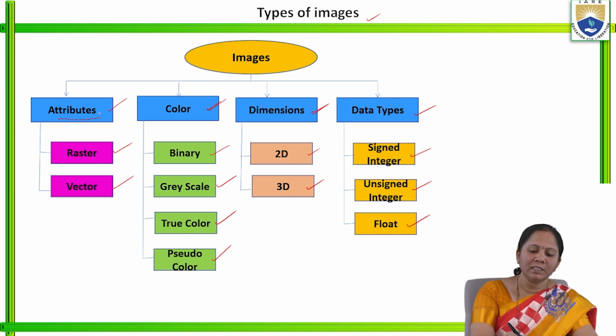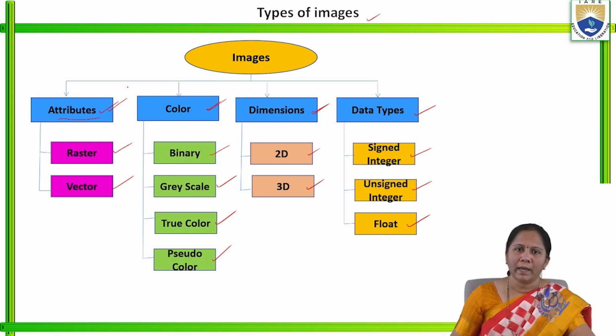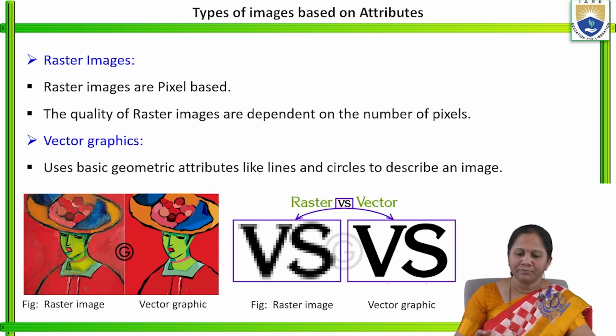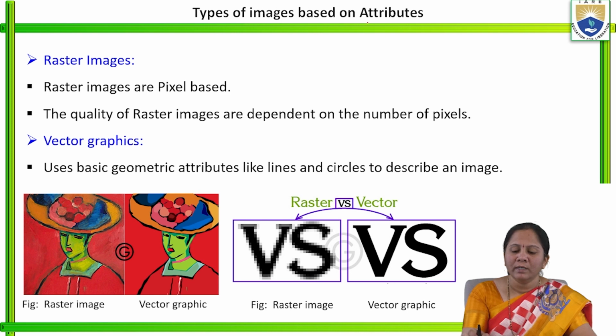So first we will be discussing the images based on attributes. There are two classifications: one is raster images and another one is vector graphics. These two differ based on one important term, that is pixel representation.